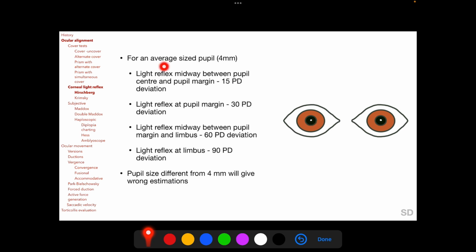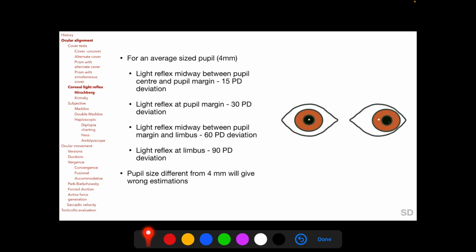For an average sized pupil of 4 mm diameter with the corneal light reflex centered on the pupil in the first eye, if the light reflex in the second eye is midway between the pupillary center and the pupillary margin, the ocular deviation is considered to be 15 prism diopters. And if the light reflex in the second eye is on the pupillary margin, the ocular deviation is considered to be 30 prism diopters.